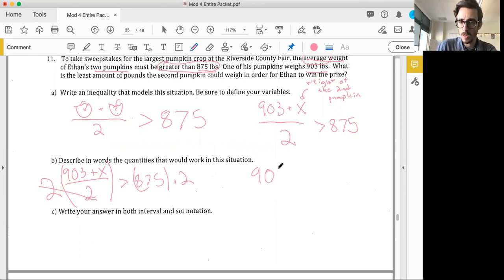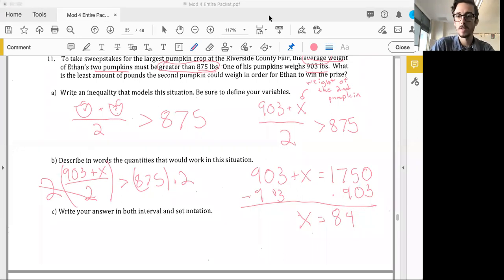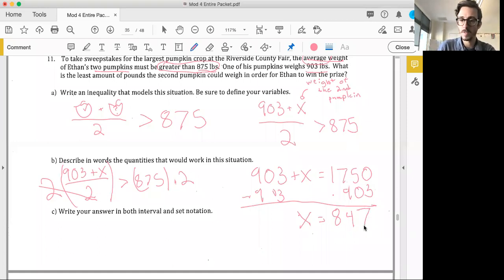So 903 plus x is greater than 1750. Keep going to solve for x. Subtract 903 from both sides. This should say that x is going to be greater than 847. Let me double check this. I was right the first time. It's 847. There we go.